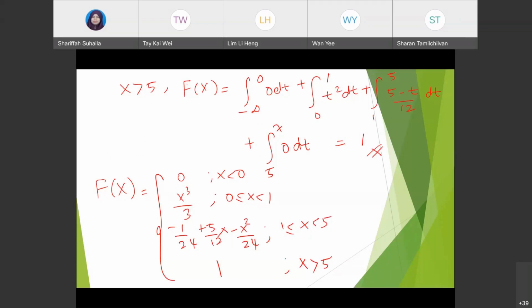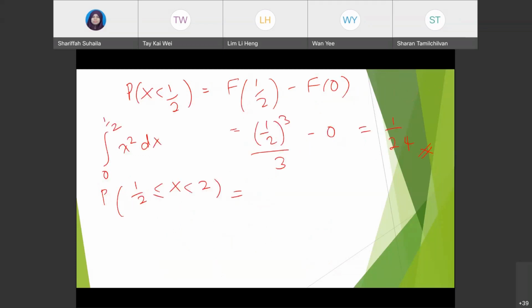Okay, ataupun kalau let's say kita tulis dalam bentuk dia punya integration. So you will have half up to 1 x square dx. And then you will have 1 up to 2 (5 minus x) over 12 dx. Okay, ini kalau kita integrate. So the same thing.